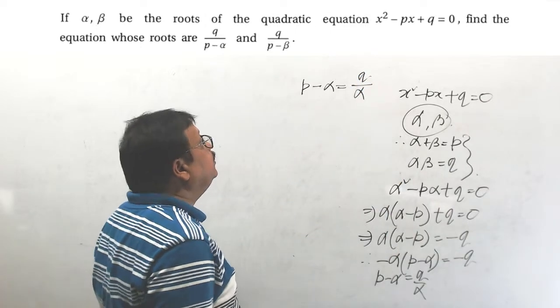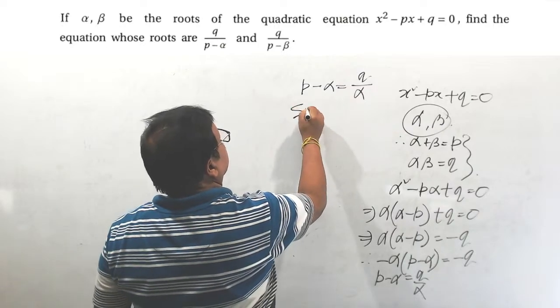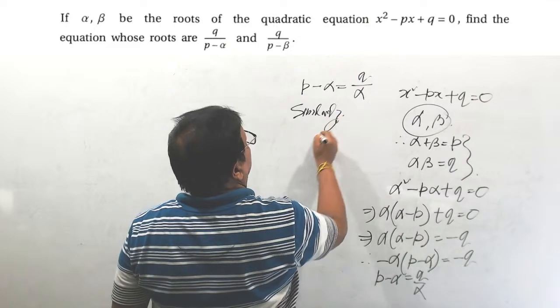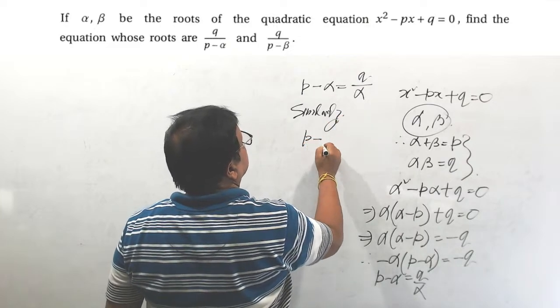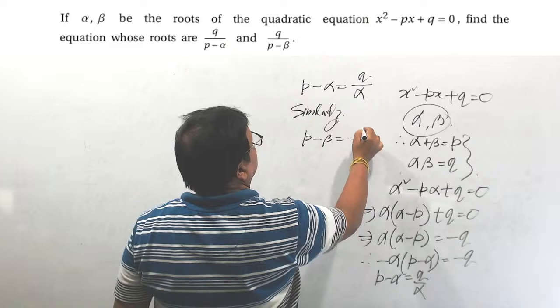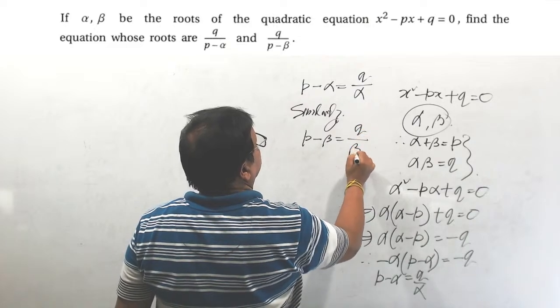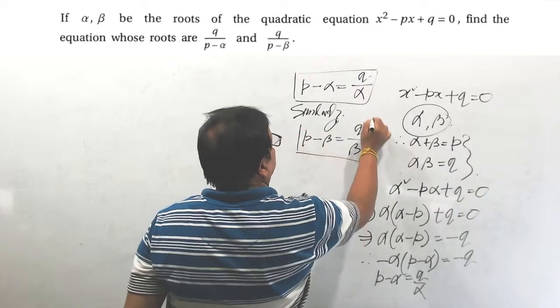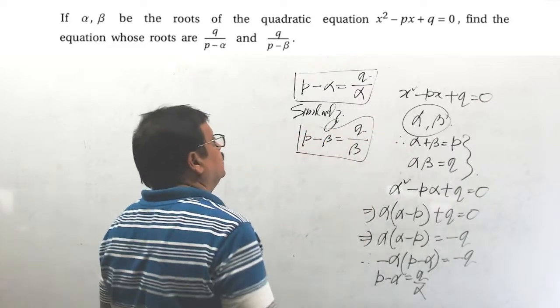You got the value. Similarly, p minus beta is equal to q by beta. Remember these two values. It will help us.